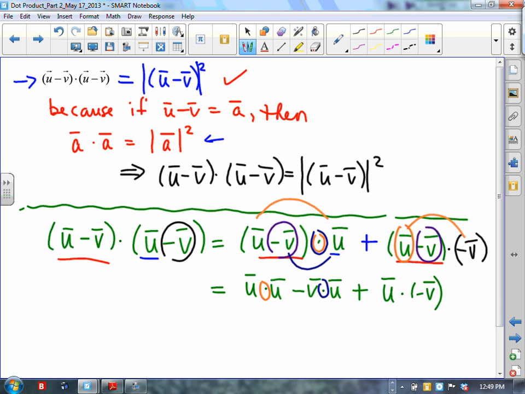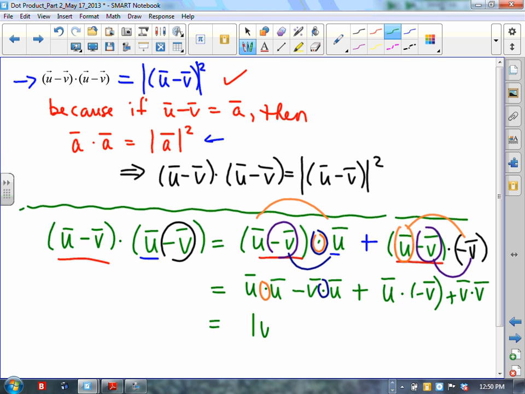We'll take minus v, distribute that over minus of v. So really, we have the 2 negatives. Same rule applies here. And we're going to end up with, we're going to add on v dot v.